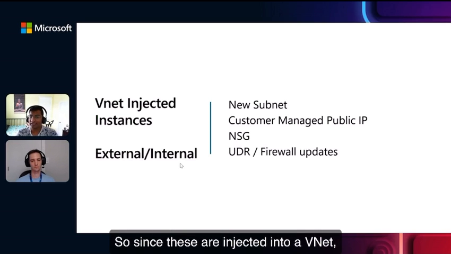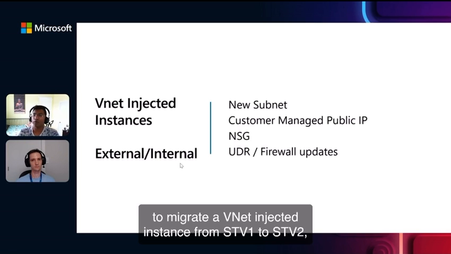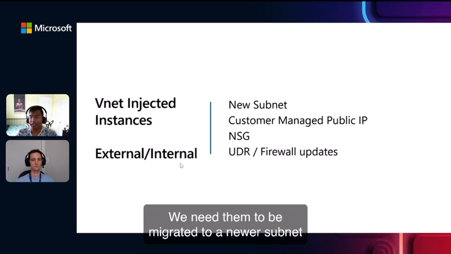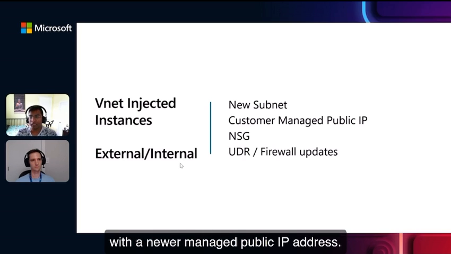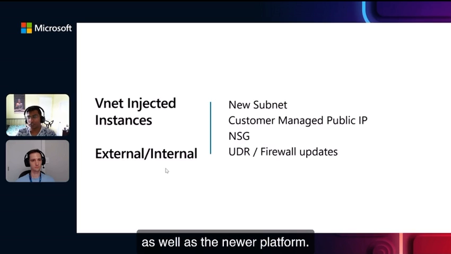Since these are injected into a VNet, to migrate a VNet injected instance from STV1 to STV2, we have certain requirements. We need them to be migrated to a newer subnet with a newer managed public IP address. Both external and internal instances require a public IP address in the earlier STV1 platform as well as the newer platform.